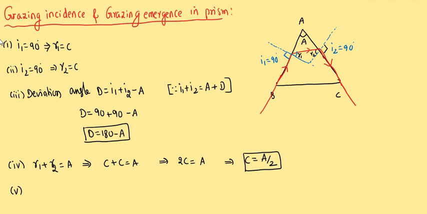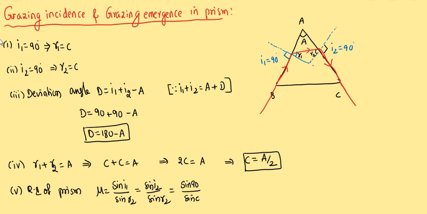Fifth point regarding this, we write the refractive index of prism. What do you write here? Nu is equal to sin I1 by sin R1 or sin I2 by sin R2, anything we can write. And then from this we will get sin 90 by sin C, which gives 1 by sin C. Nu is equal to 1 by sin C. But C is A by 2.